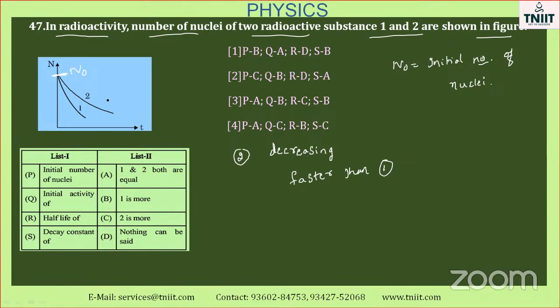For both the second curve and for the first curve, the initial number of nuclei will be the same. So P is going to match with A. Initial activity of Q statement.